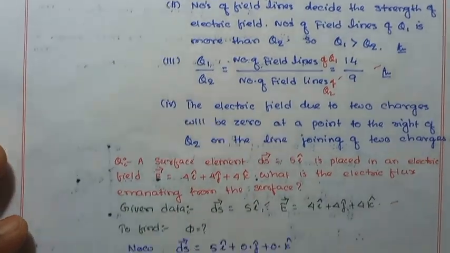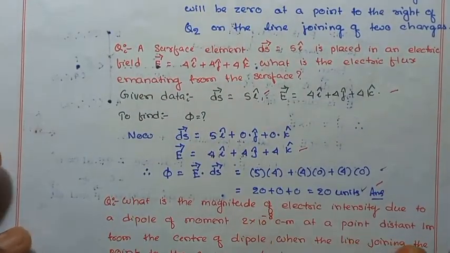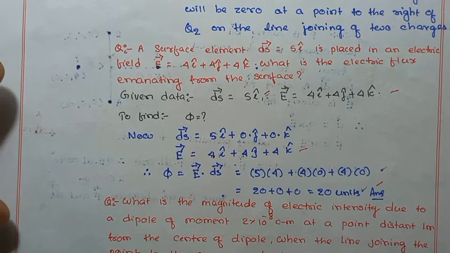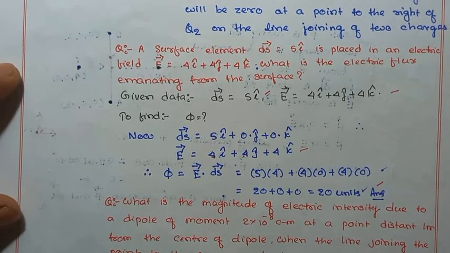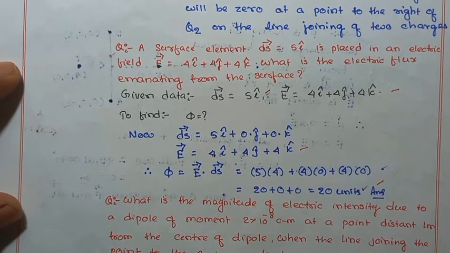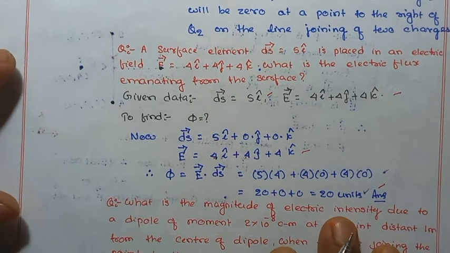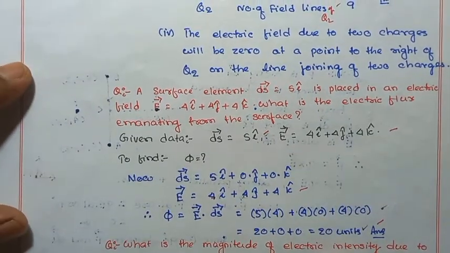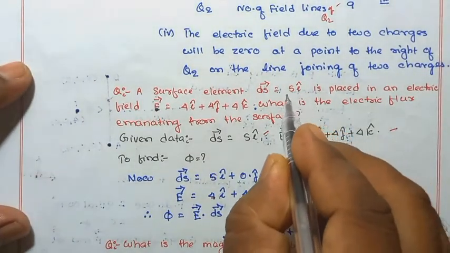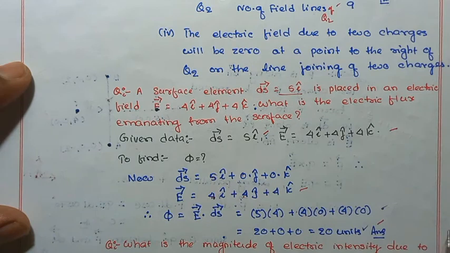One more important question we will discuss now. ठीक है? The question is, a surface element ds vector equal to 5 i cap is placed in an electric field E vector equal to 4 i cap plus 4 j cap plus 4 k cap. What is the electric flux emanating from the surface? Here ds vector is given, that is 5 i cap, and the electric field vector is given equal to 4 i cap plus 4 j cap plus 4 k cap.